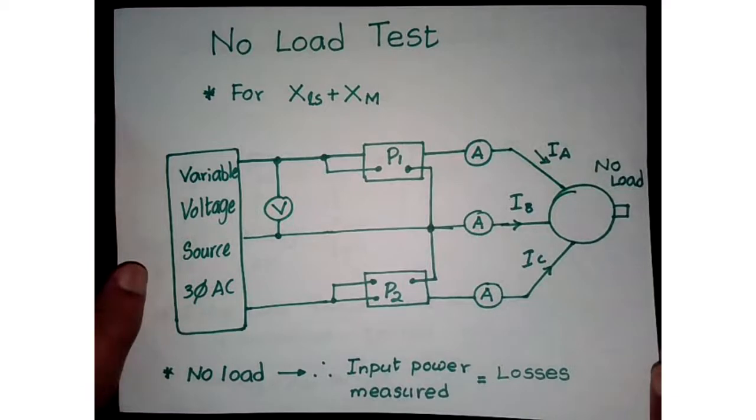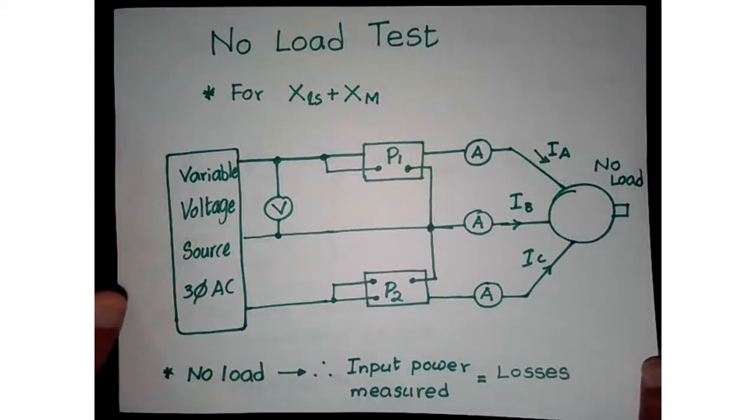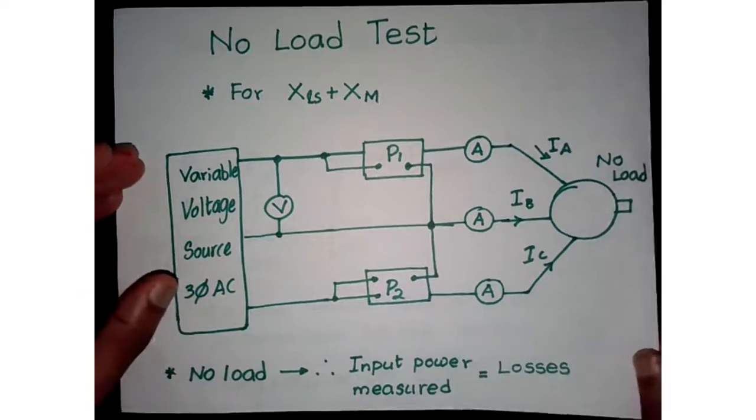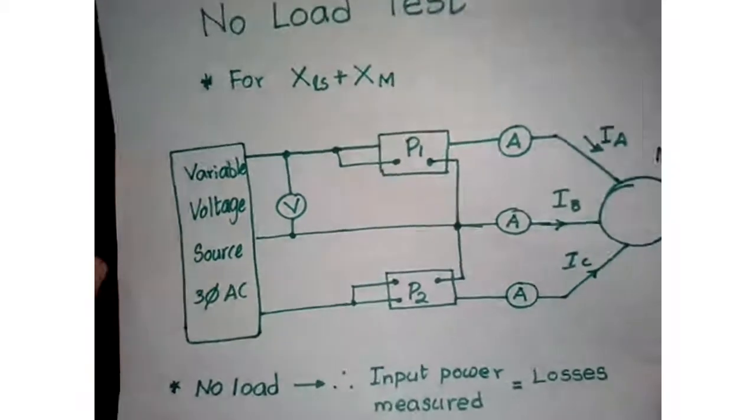The different types of losses are copper loss, or ohmic loss, due to the windings, since you have current flowing through them. There's also some core loss in the material, and depending on the type of frequency, like with an inverter, you're going to see other types of losses too.